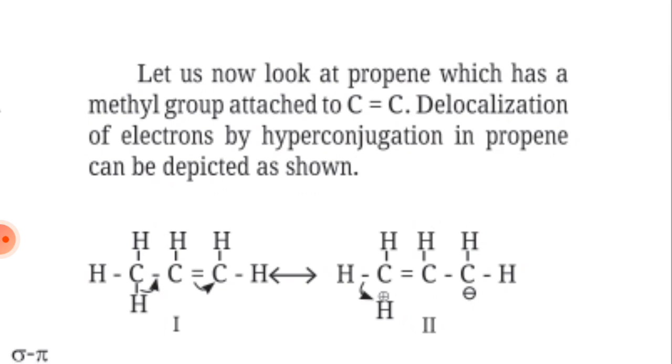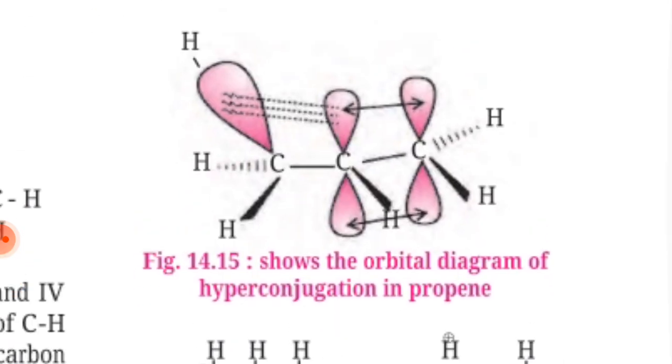Let us now look at propene, which has a methyl group attached to C=C. Delocalization of electrons by hyperconjugation in propene can be depicted as shown.